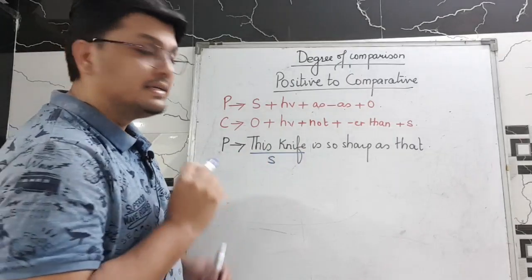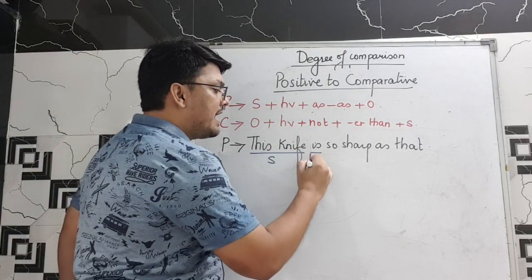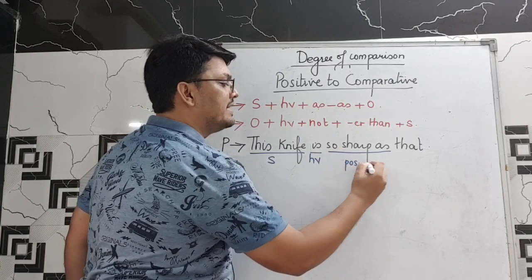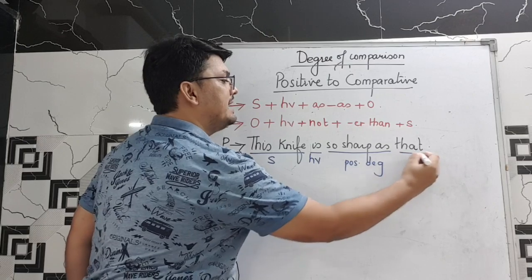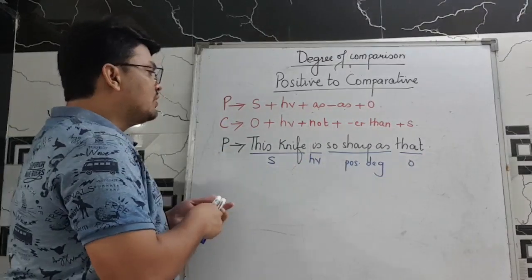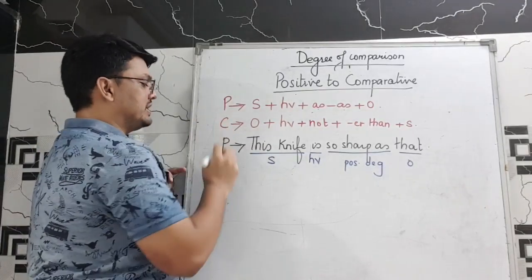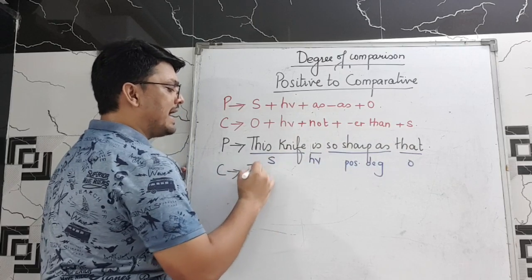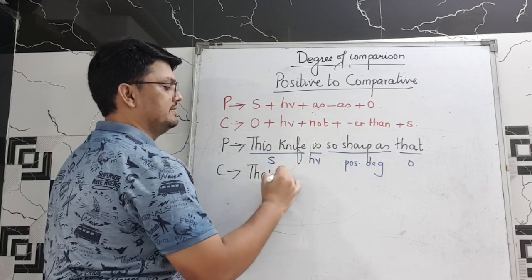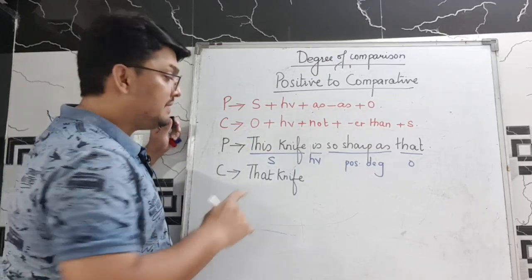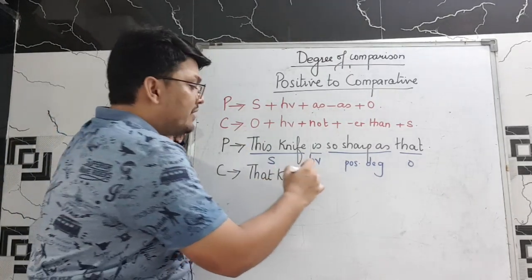Is is helping verb. So sharp as is my positive degree. And that is my object. According to the structure, I will place the object, that knife, in the subject's place. That knife. This is also singular, so I'll use is.